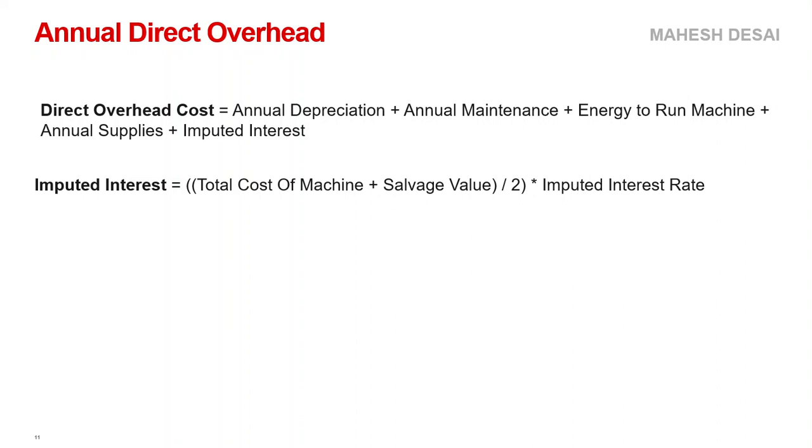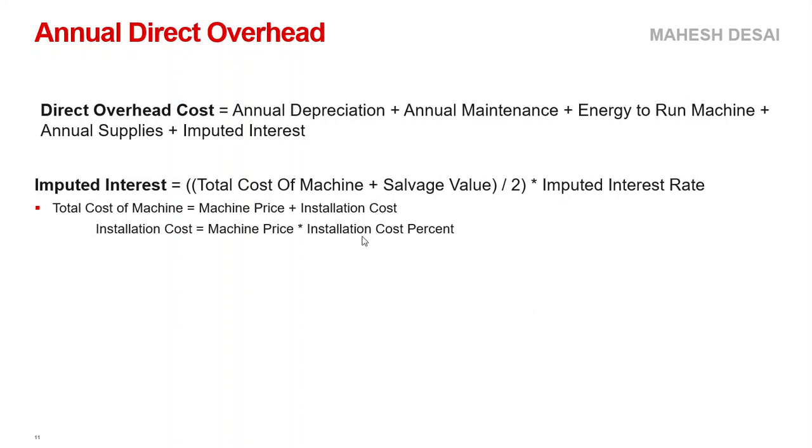So how is it calculated? Total cost of the machine plus salvage value, the total money invested or spent on the machine, divided by 2 and multiplied by the imputed interest rate. Total cost is machine price plus installation cost, and installation cost is a percentage of the machine price itself.